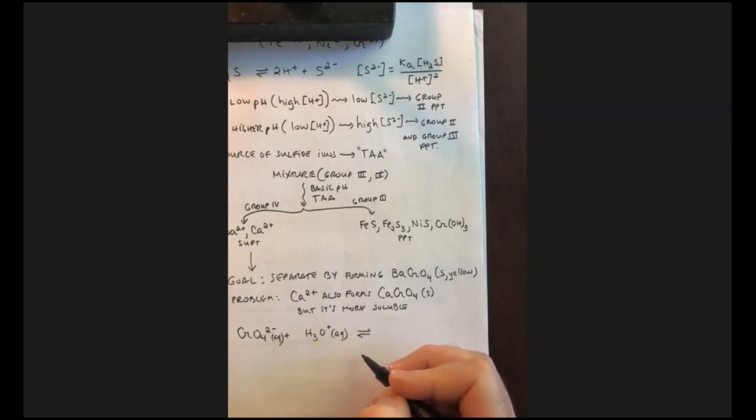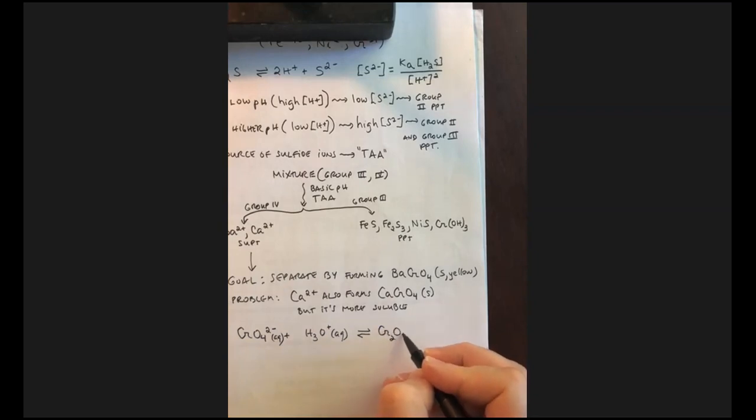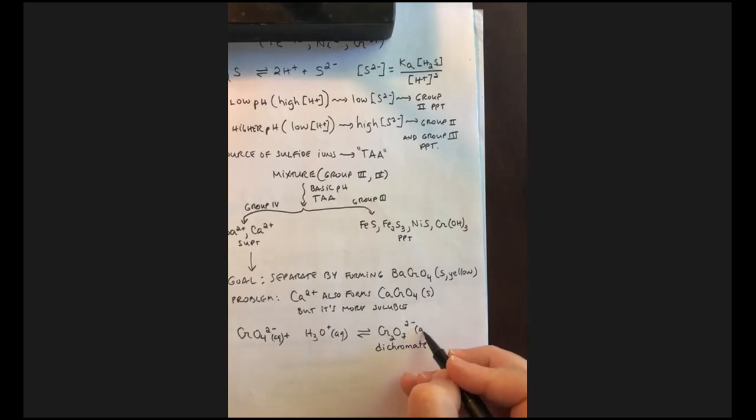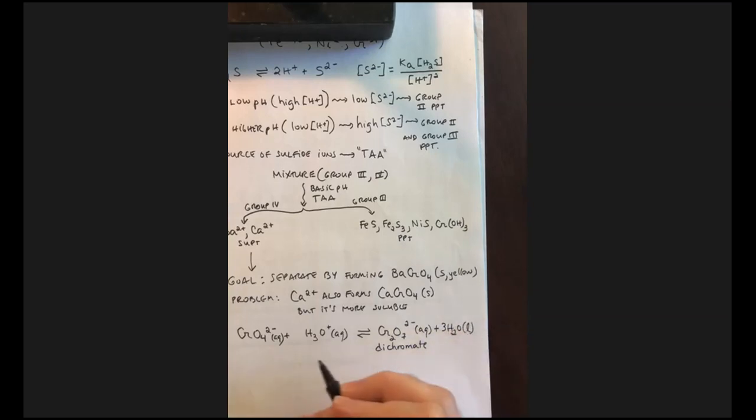this generates a reaction that results in another ion called the dichromate ion. And the other product is water. Let's go ahead and balance this equation properly.